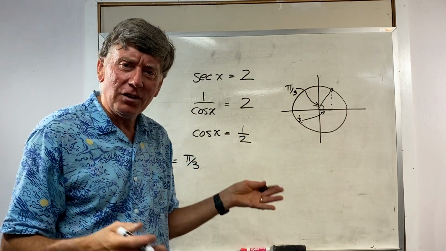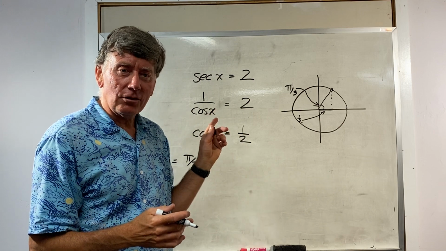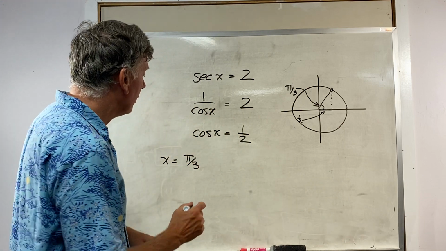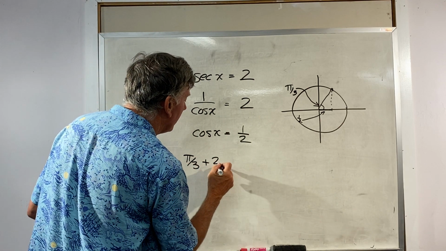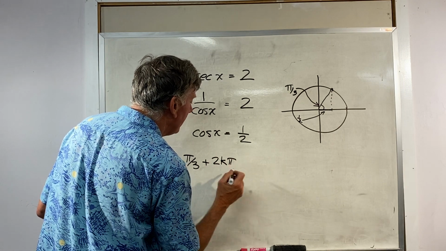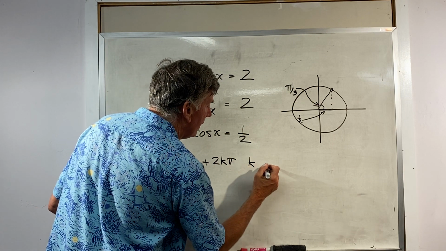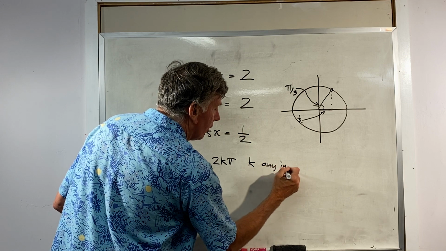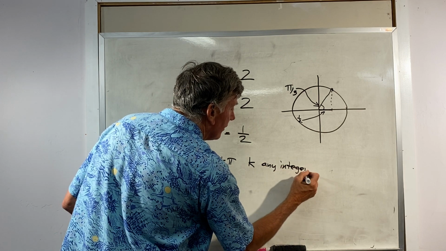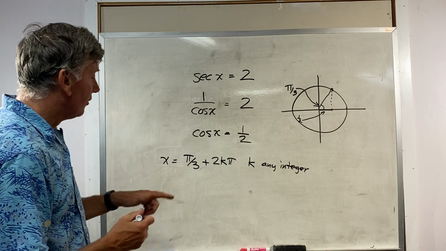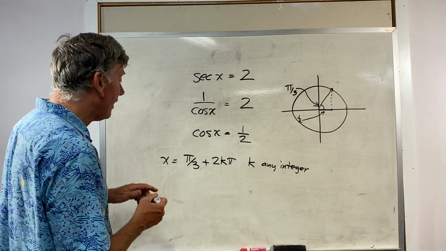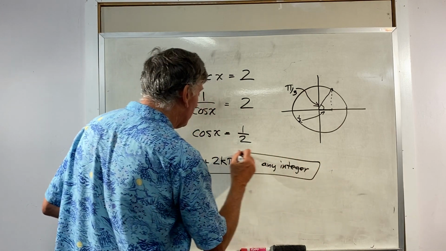So there's an infinite number of answers to this angle here, and we write this plus 2k pi, and we understand that k is any integer, including 0, in which case it would just be pi thirds. So that's one of our answers. I'll put a box around it.